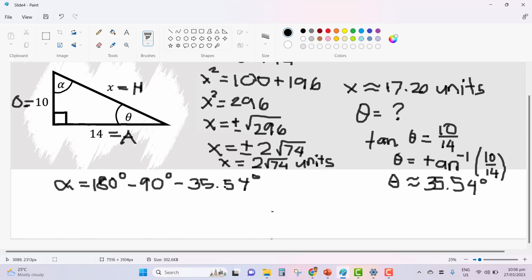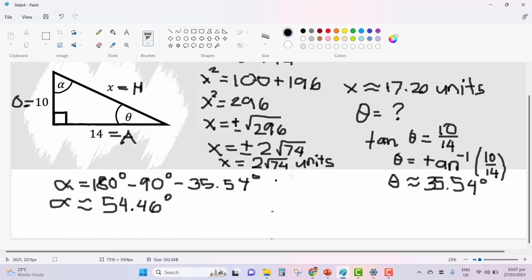And since 35.54 is an approximated value for angle theta, we also use here an approximated value for alpha, which is approximately equal to 180 degrees minus 90 degrees minus 35.54 degrees, and that's again approximately equal to 54.46 degrees. The unit of measurement for angle is degrees.